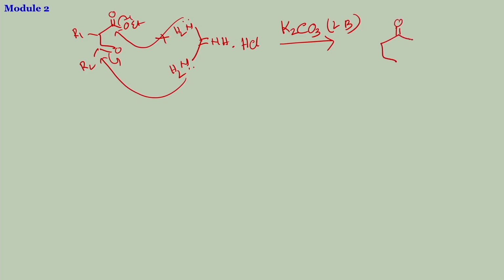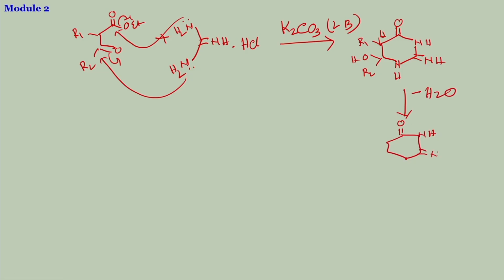So you will have here the NH, and you have NH, R1, R2, there will be OH here, there is H here, followed by minus water. So I am showing you the forward process actually. R1, R2.